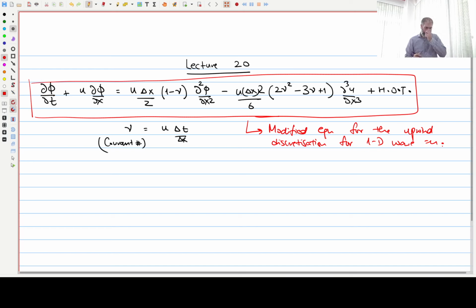If I use the upwind discretization for the 1D wave equation, I'll actually solve this equation. We wanted to solve del phi by del t plus u del phi by del x equal to 0. But because we have made an approximation in the discrete form, we end up solving this equation, which has an infinite number of terms, but we have only written terms till the third order of phi.